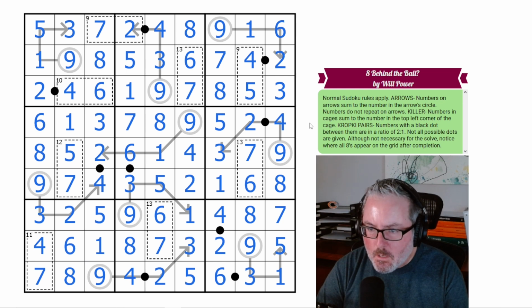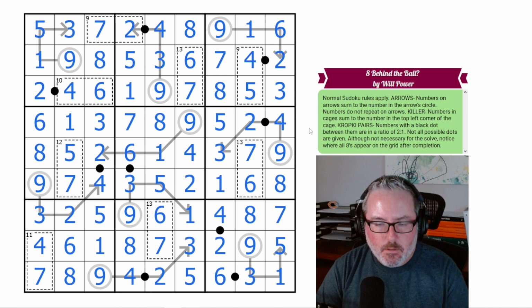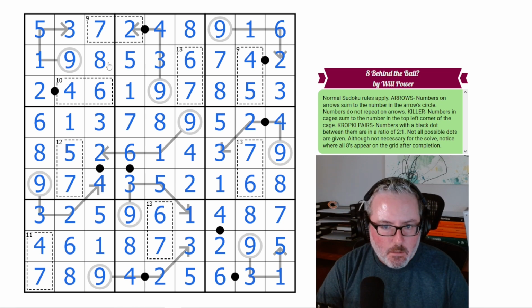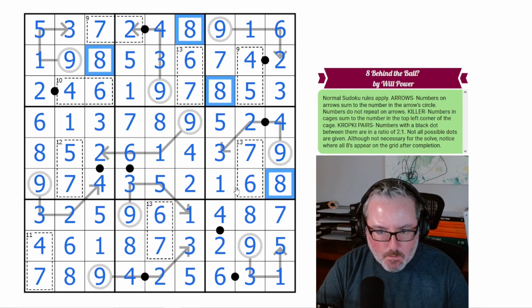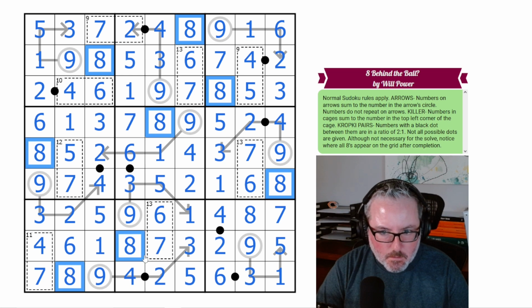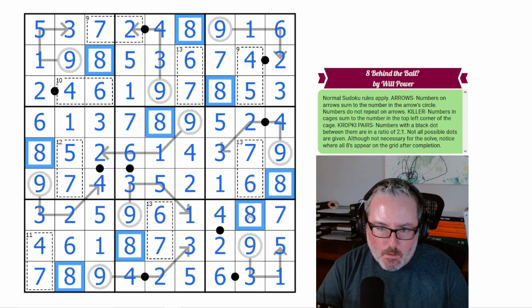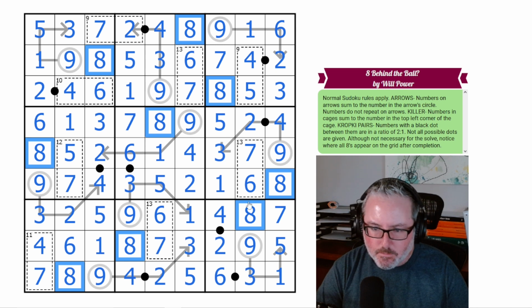Now, where all 8s appear on the grid after completion, let's look to see where they all are. 8s, 8s, 8s, all sorts of 8s. Well, 8 behind the ball, they all, except for one, which is kind of weird, they all do appear to be behind the 9 ball.